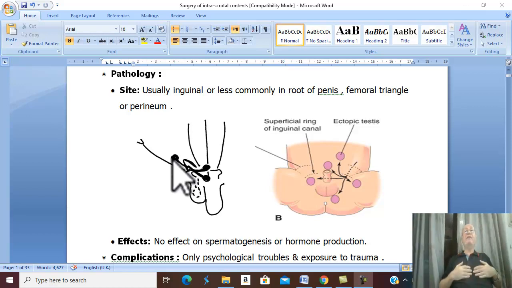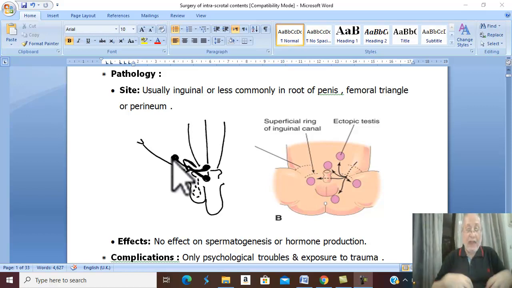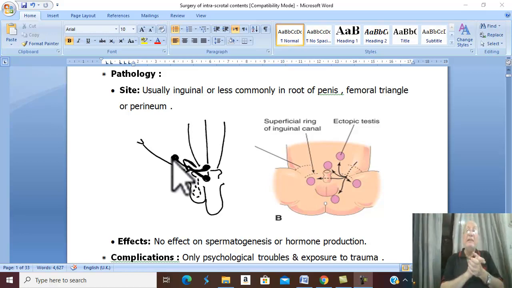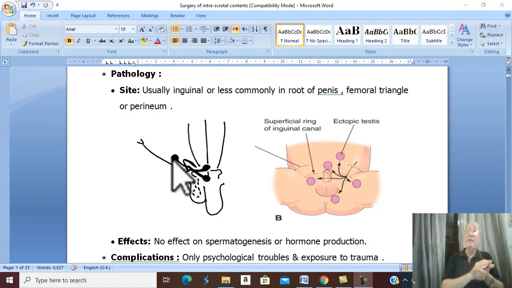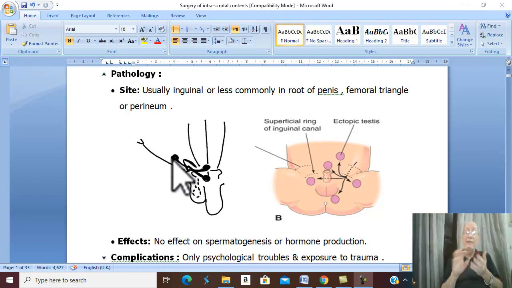Therefore, if you ask the patient to contract the muscles of the anterior abdominal wall, one testis becomes more prominent and the other testis becomes more hidden and less prominent.